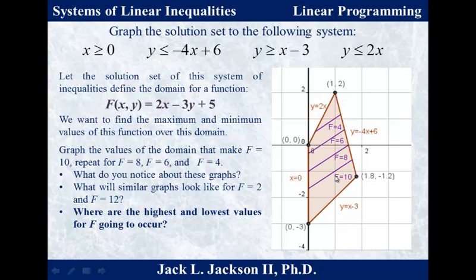Well, what do you notice about these graphs? First of all, what shape are they? They're line segments. And do you notice something else about them? They're actually parallel. If this is the graph of a plane up here, in other words a linear function in 2 variables, then graphically we always get a plane in 3 dimensions, but what we get graphed here, when we specify specific values for f, is what we call a contour graph.